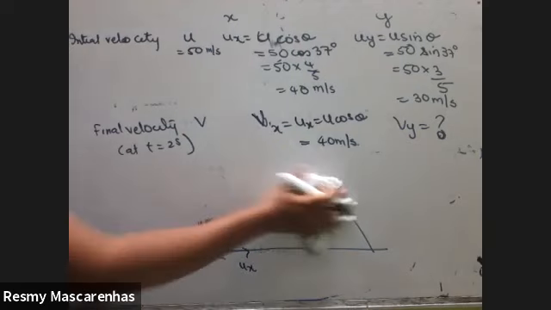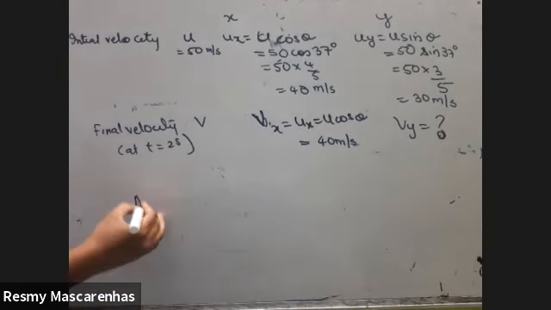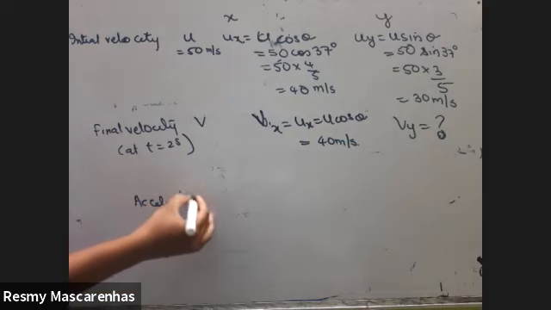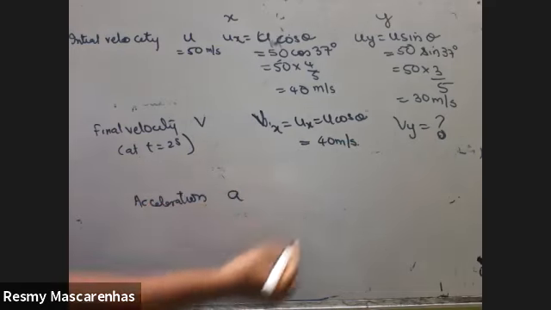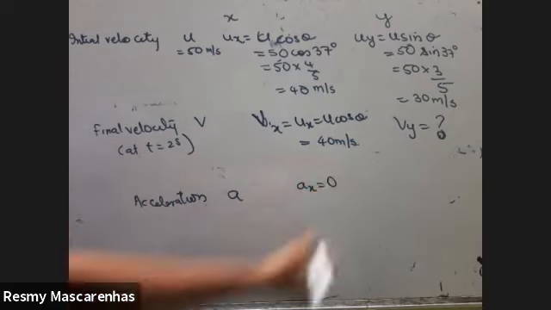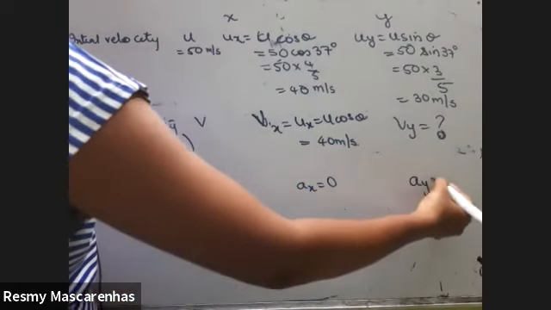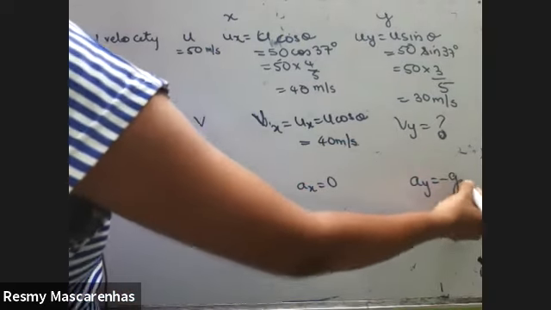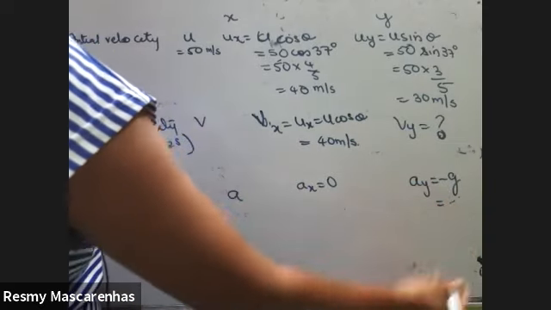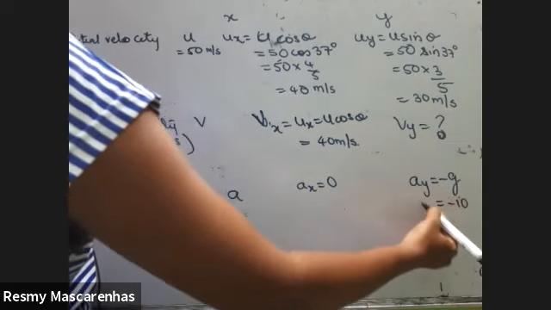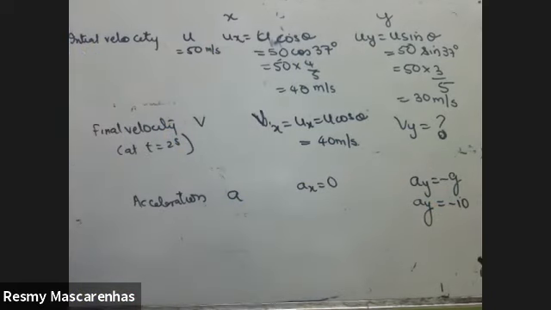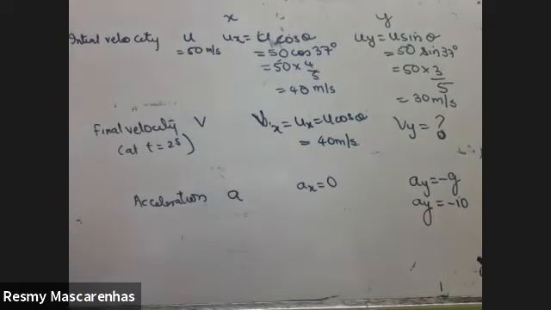Then acceleration: Ax is 0 always, and Ay is minus g, because gravity is always in the negative direction. So that will be minus 10. Now we have to calculate the velocity, that is Vy.